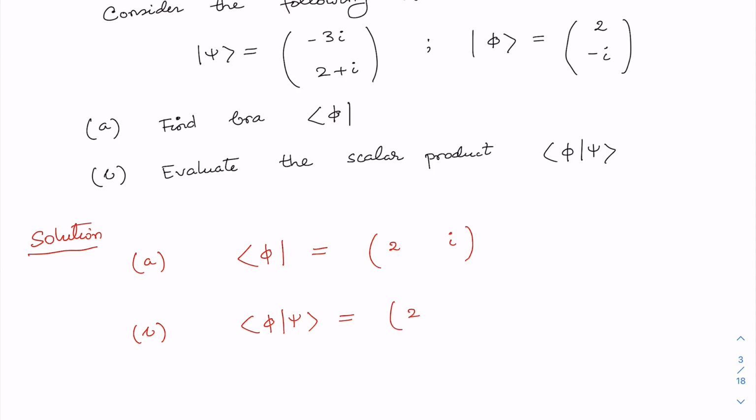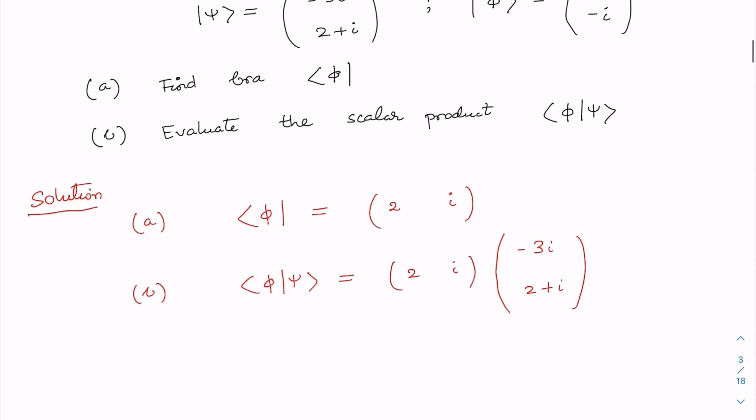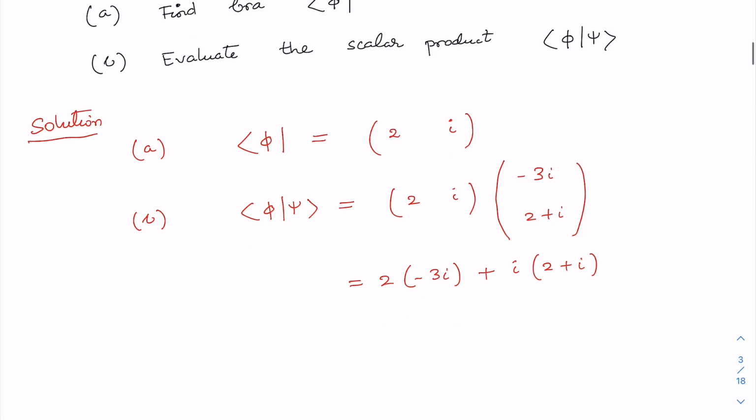So bra phi is (2, i) and ket psi is the column vector minus 3i, 2 plus i. So we are going to get 2 into minus 3i plus i into 2 plus i. If I do the maths, I will get minus 6i here, and here I will get 2i minus 1. So I will have then minus 1 minus 4i. So that's the scalar product.